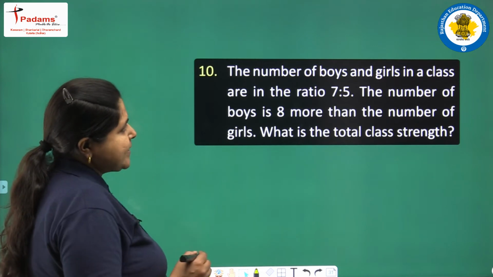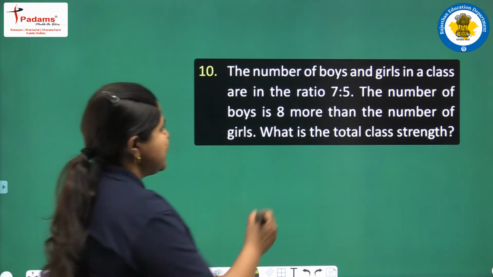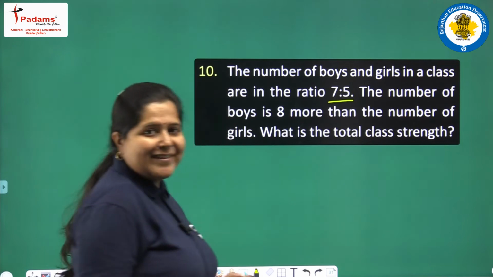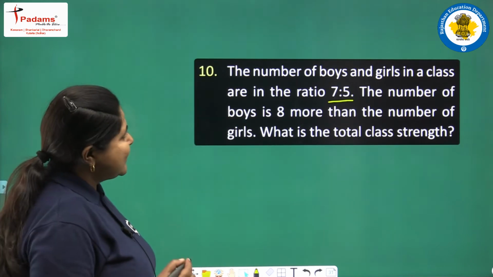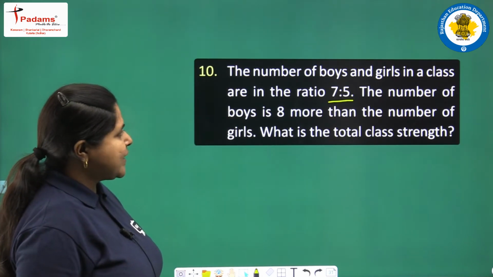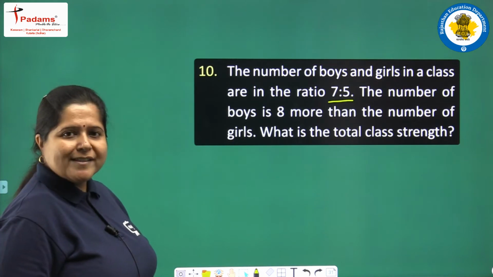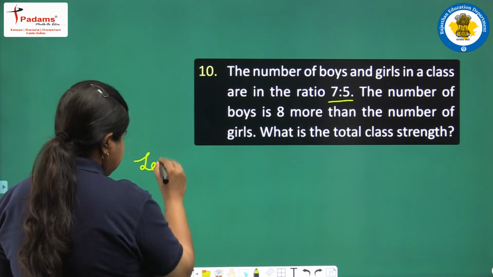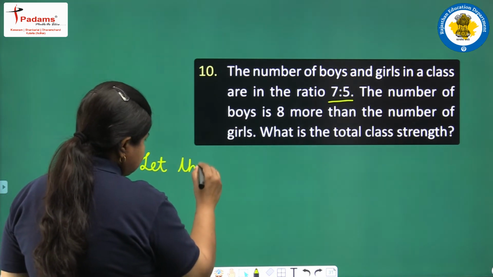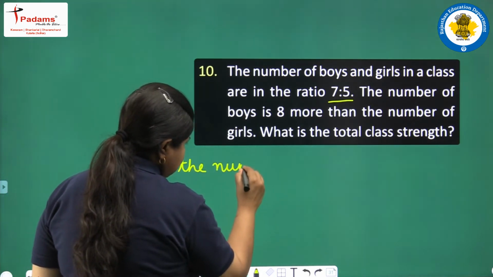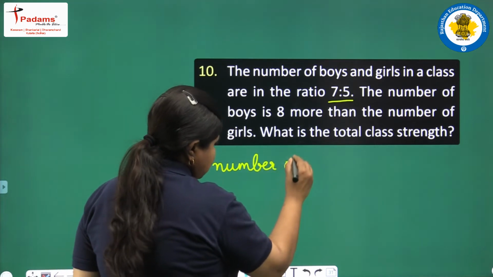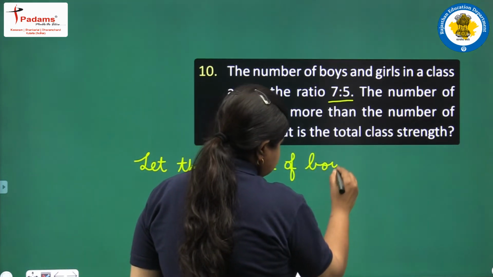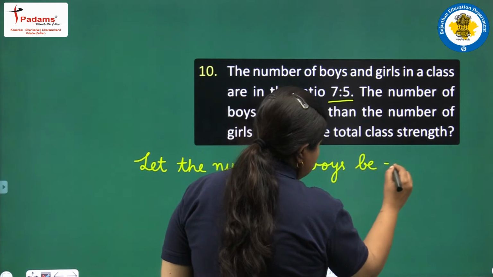The number of boys and girls in a class are in the ratio 7:5. Again a ratio, a helpful one. The number of boys is 8 more than the number of girls. What is the total class strength? First of all, let us assume, let the number of boys be how much?